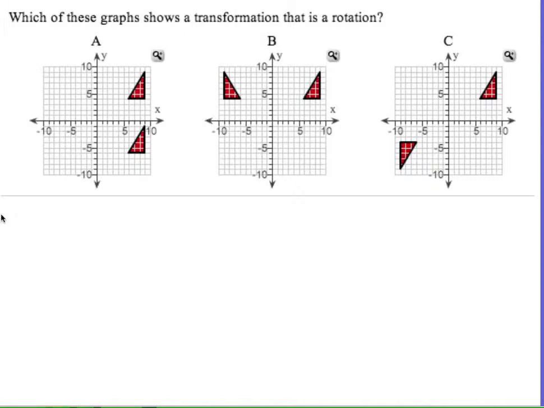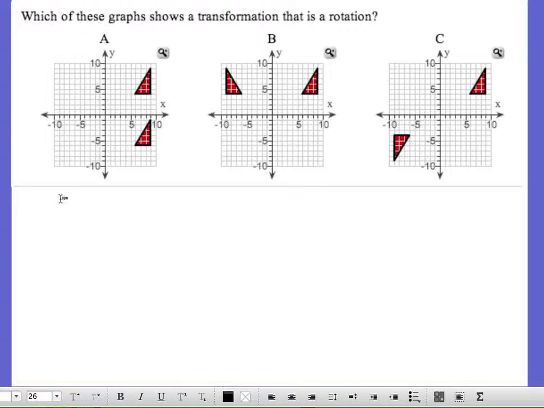This problem asks which of these graphs shows a rotation. We're going to do one better. We're going to actually tell what each of these are. Okay? Graph 1 is a translation, or what we call a slide. Graph 2 is a reflection, also known as a flip.